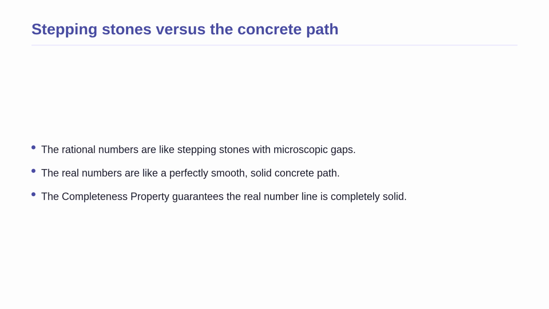Now, imagine a perfectly smooth, solid concrete path across that same river. That is the real number line. There are absolutely no holes, no gaps, and no missing pieces anywhere. The completeness property is the mathematical guarantee that the real number line is completely solid.